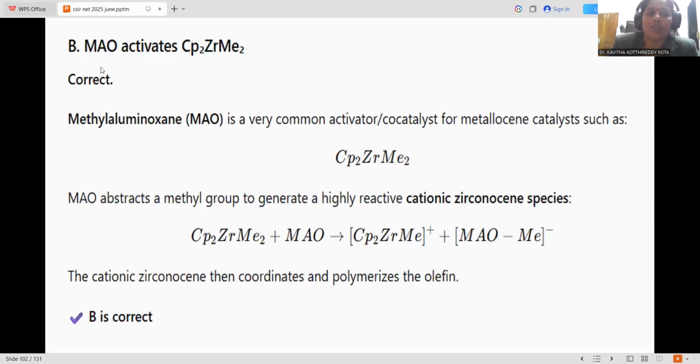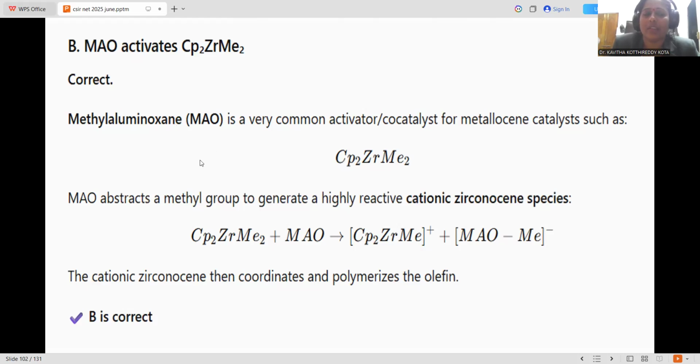Let me go through statement number B. MAO activates Cp2ZrMe2, right? MAO stands for methyl alumino-oxane. Methyl alumino-oxane is a very common activator, a co-catalyst for metallocene catalysts. A co-catalyst is a chemical substance which has the tendency to increase and fasten the catalytic activity of the actual catalyst.